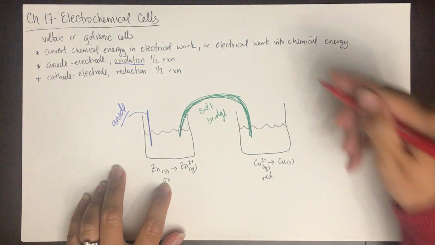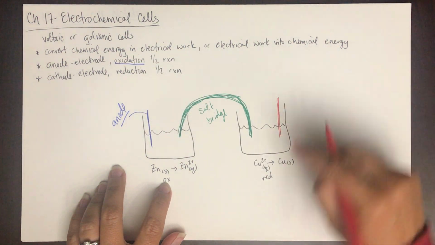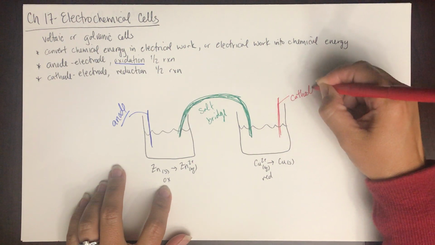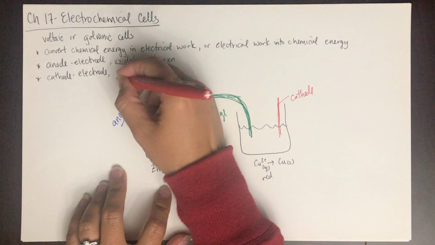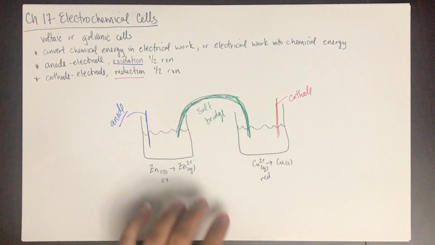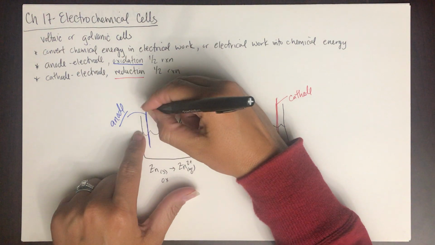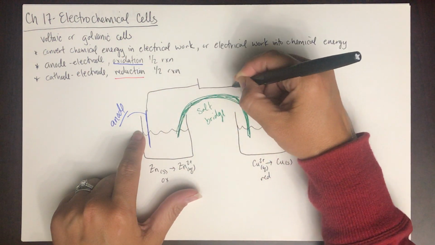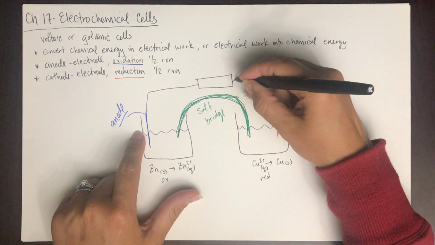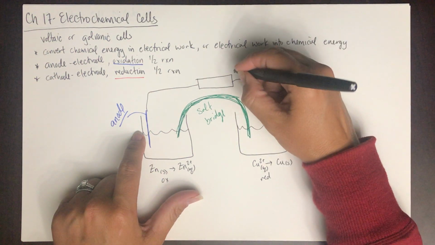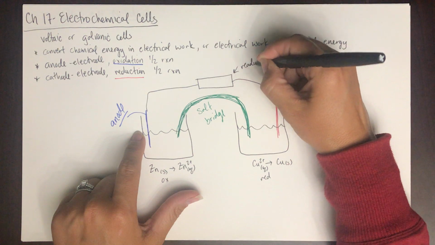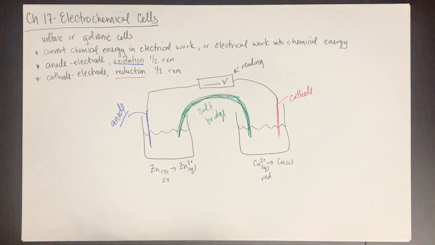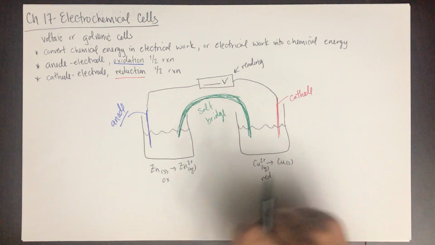There's also an electrode in the reduction half reaction called the cathode. The anode and the cathode are connected through what is usually called a voltmeter, which would give a reading in volts, showing the current passing through.